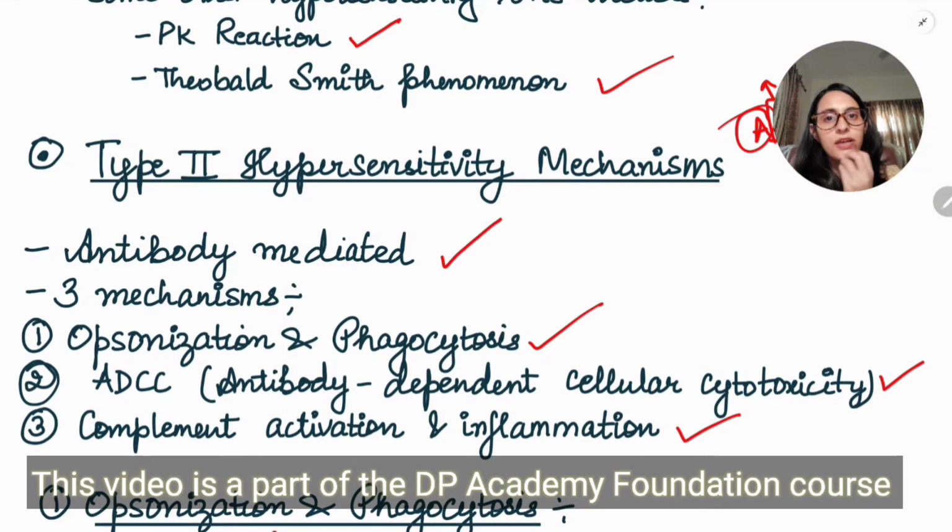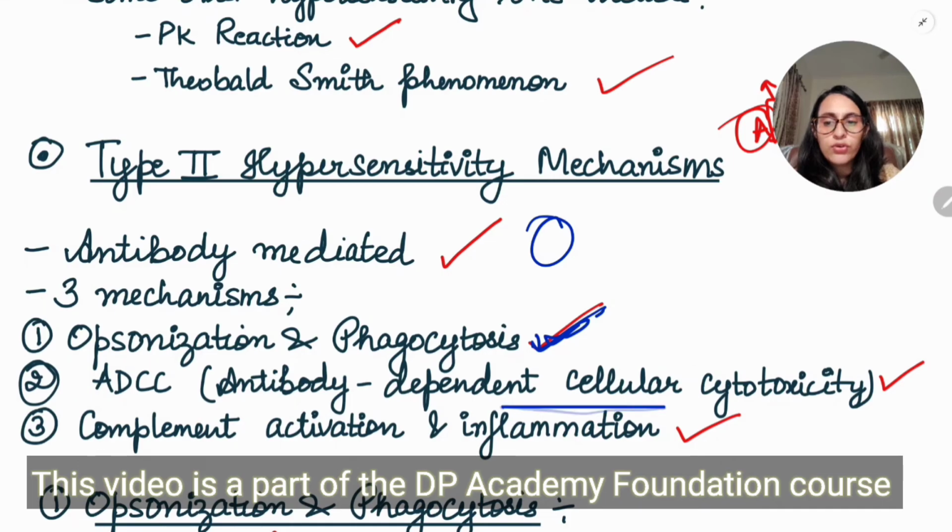In all of these, there is an antigen-antibody reaction. When the antigen comes, the antibody is present in the body, and it is going to either cause opsonization and phagocytosis. In the first, IgG binds to it, and then there is opsonization, that is coating, and engulfment, that is phagocytosis.